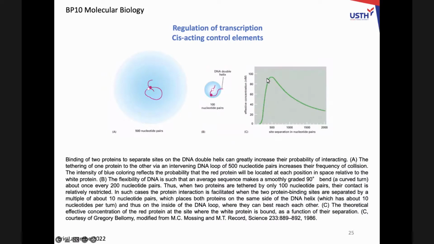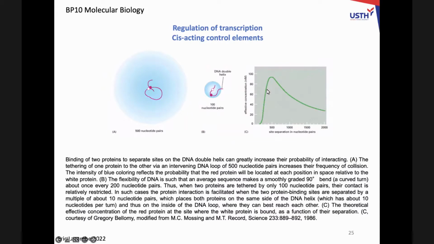So this is what we see here. The maximum of probability of meeting for two proteins is when they are on DNA, separated from 500 base pair. Then the more you separate them, the less probability you have to have contact. Okay, so that makes sense.